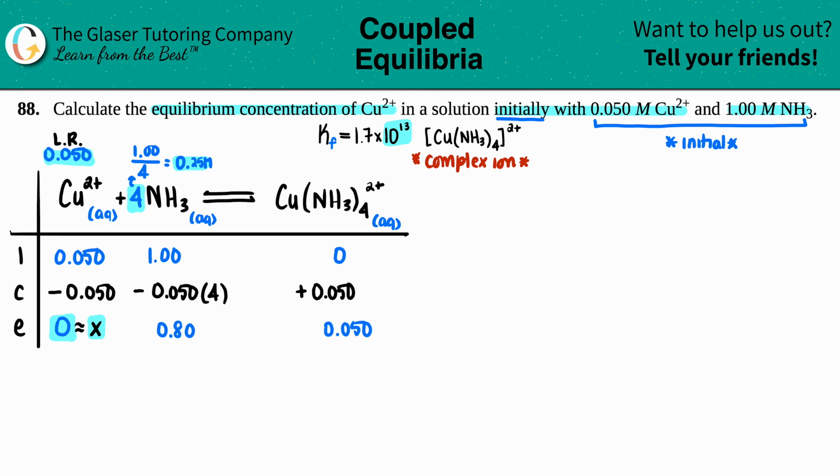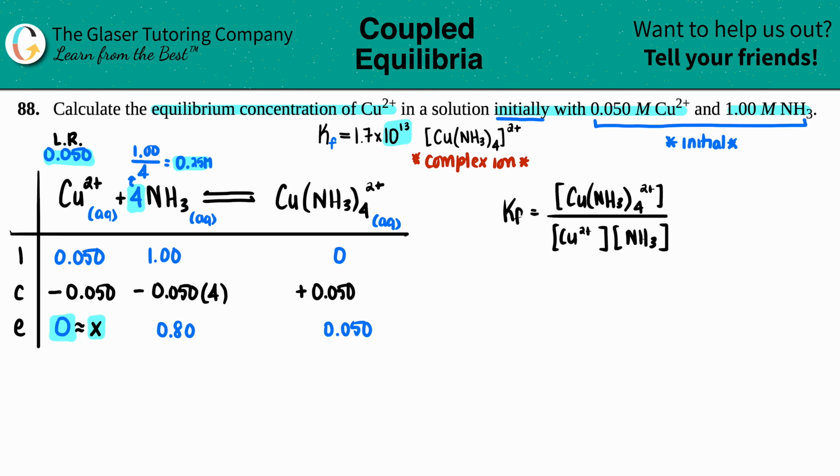And now let's do the math. So we have Kf equals concentration of products divided by reactants. So I have one product. So that's the Cu(NH3)4 2+ divided by the 2 reactants. And we have the Cu 2+ and then the NH3.